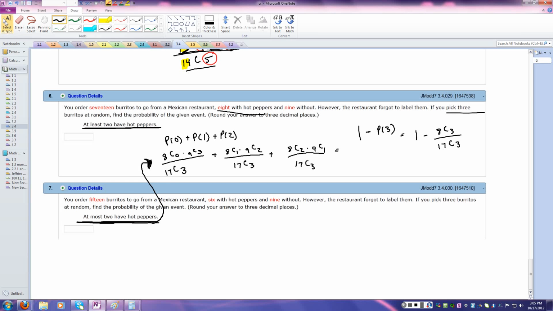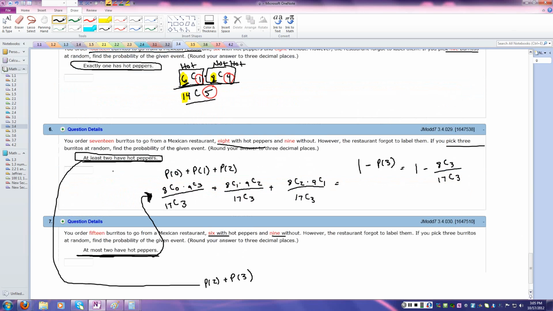At least 2 have hot peppers would be the probability that 2 of them have hot peppers or 3 of them. So the probability 2 have hot peppers plus the probability 3 of them have hot peppers. So you do 8 choose, in this case the numbers change, but sorry, I messed it up there.